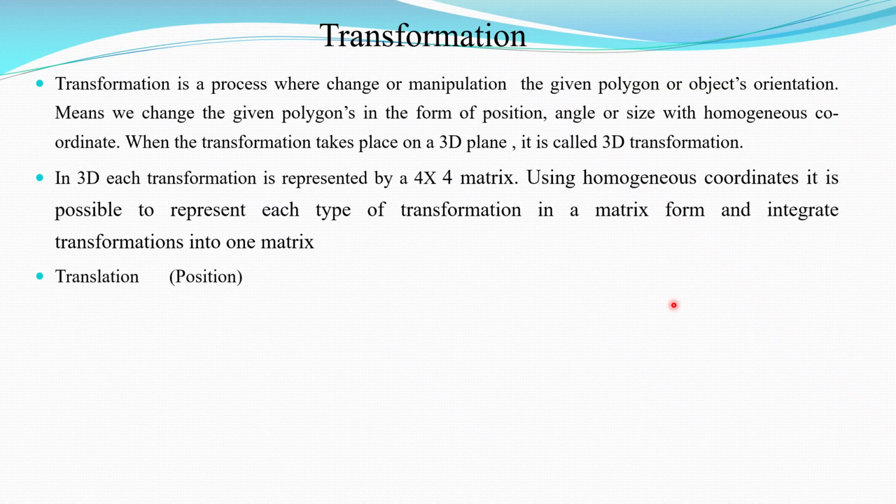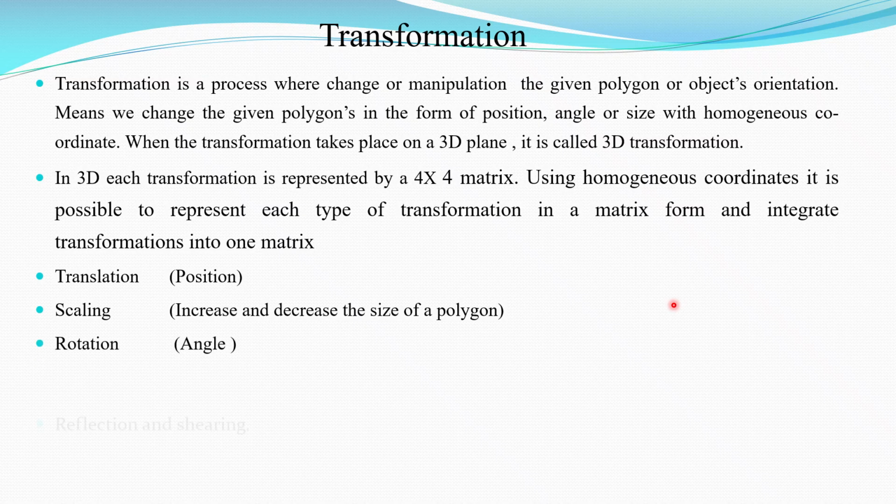Now, next point: same as in 2D transformation, we perform translation, rotation, scaling, shearing and reflection, right? The same transformation processes are done in 3D. Translation changes the position, scaling increases or decreases the size of a polygon, and rotation changes the angle of a given object.